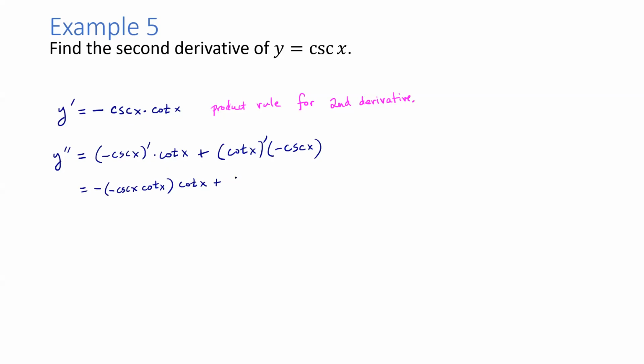And the derivative of cotangent, remember, is negative cosecant squared, times negative cosecant. Okay, so just writing it out, we did just those rules again. This was the derivative of cosecant here. This is the derivative of cotangent here.